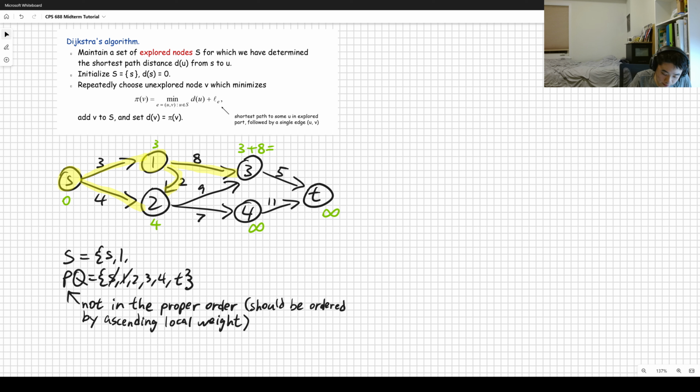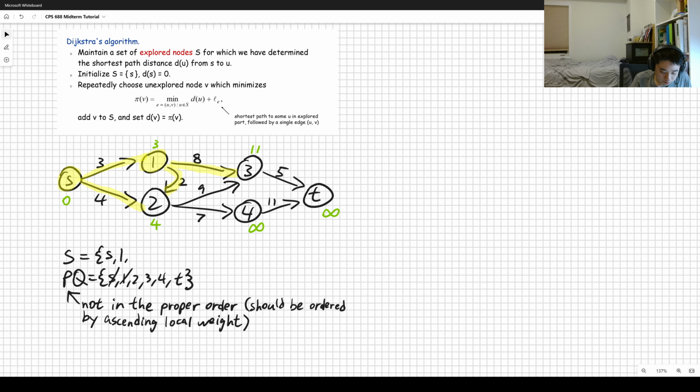So this is 11, which is less than infinity. So therefore, we give it 11. We give the new total 11 to number 3. Okay?